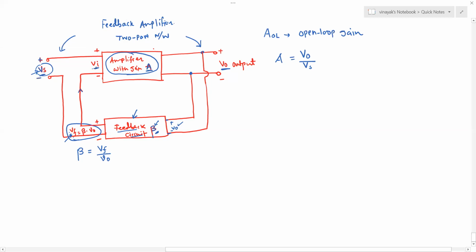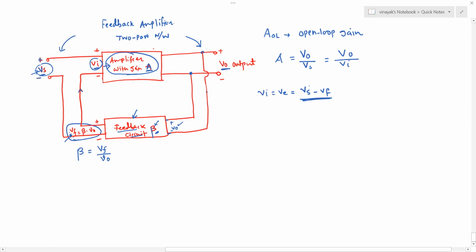So we get this Vi, which is basically an error voltage, or the difference voltage between Vs and VF. So that's how we get the Vi, which is then again given back to the amplifier for the amplification. So here also we can write VO divided by Vi, where Vi is the difference between the input voltage and the feedback voltage.